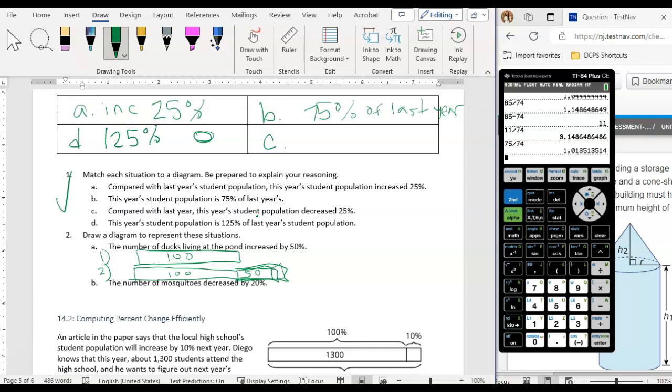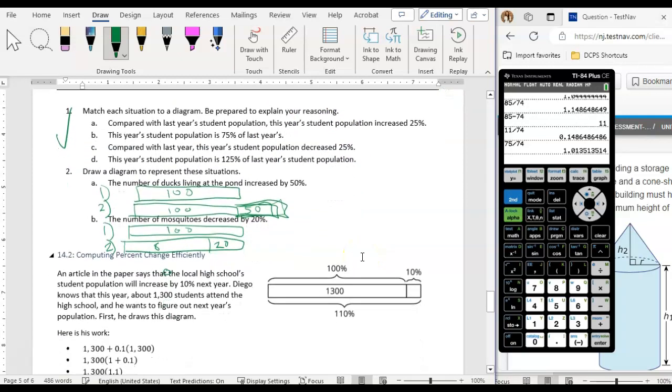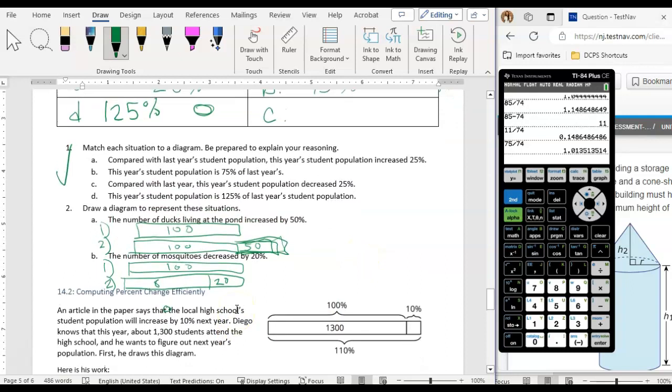So increasing to this much of what it was originally, okay? The number of mosquitoes decreased by 20%. So again, we start with 100%, and then the second year, if it's decreasing by 20%, then our remaining is 80%. So you can show your diagrams in that way.